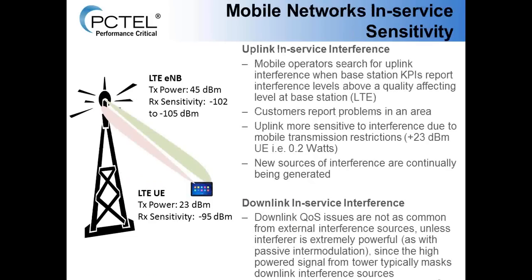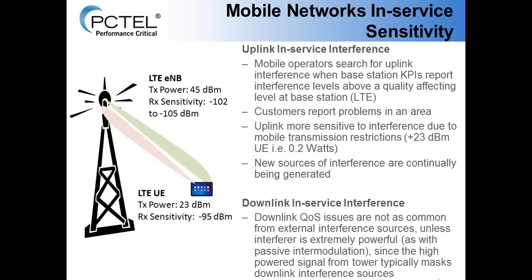Moving to the next slide, I want to get a little more into mobile networks and their sensitivity. On the left-hand side of the chart, you can see a macro cell, and they typically transmit around 45 to 46 dBm. The typical sensitivity is -102 to -105 dBm, though it's actually higher than this. When an operator sees some type of interference hitting the tower at -102 to -105, you start checking the uplink to see what that interferer is doing.